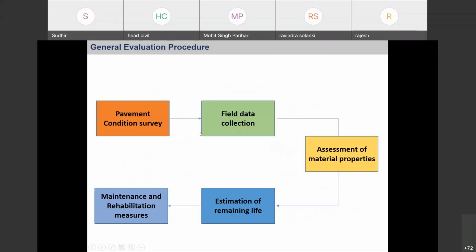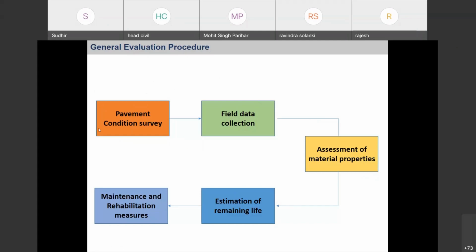So we understand pavement evaluation. Let's now try to put how a general evaluation procedure would look like. If we talk about the general evaluation procedure, to understand the pavement condition, the procedure might involve having several pavement condition surveys. It might involve collecting data from field.